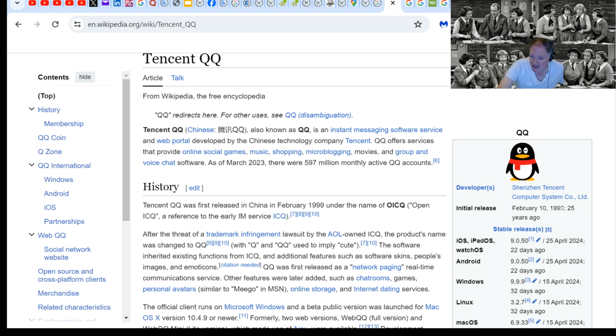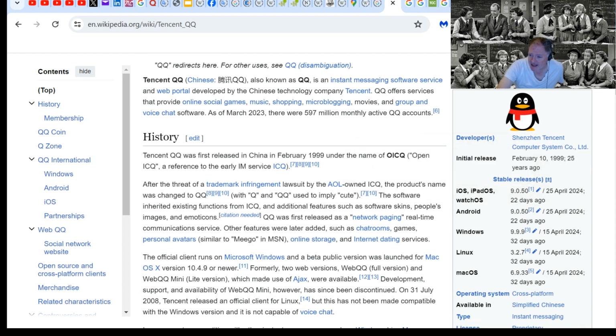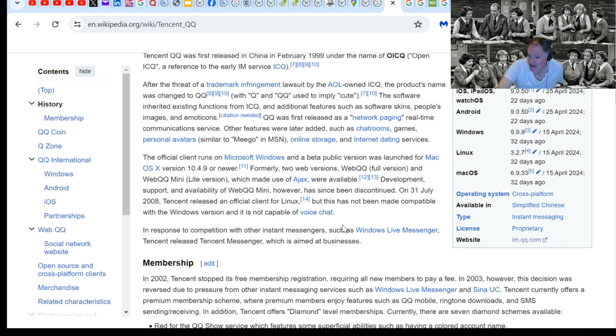And in fact, its initial release was in 1999, which mirrored sort of from 1666, which was the year of the Antichrist Sabbatai Zevi, who we frequently talk about. Some other interesting things to cover. Oh my goodness, the last stable release on Windows was 9.9.9, which is also 666 upside down.